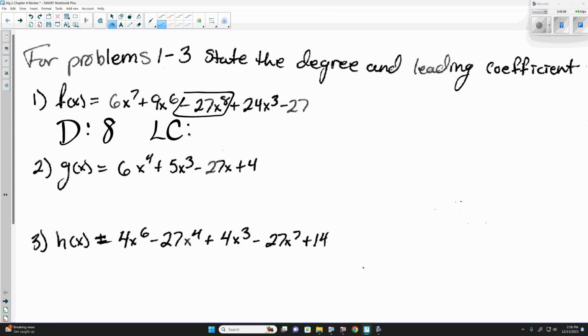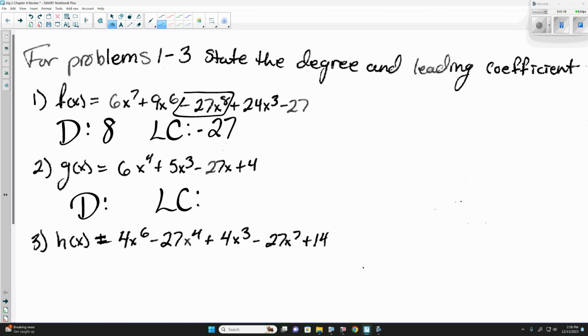And the leading coefficient would be negative 27. The degree is the exponent, or the biggest exponent attached to a variable. Leading coefficient is the number in front of the variable with the biggest exponent. So in this case, it would be negative 27.